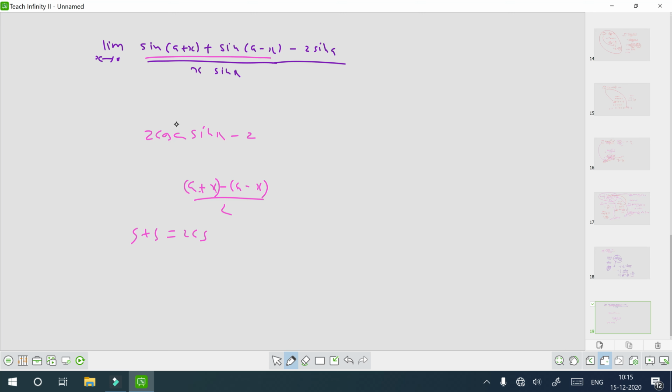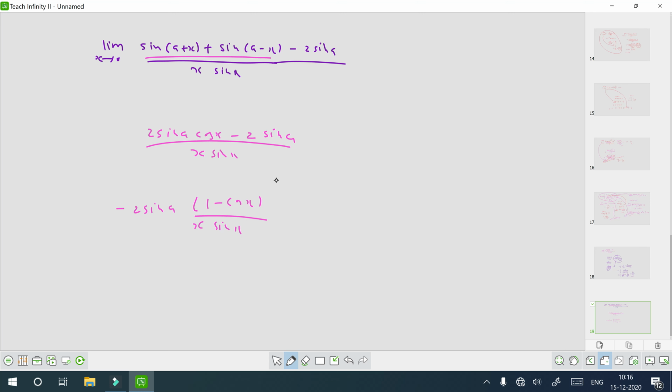Minus 2 sin a. So here we have 2 sin a into cos x over x sin x. Now take minus 2 sin a common. Then we get 1 minus cos x over x sin x. Leave this one as it is.